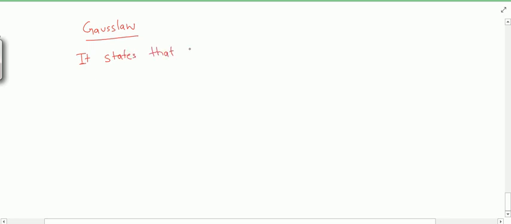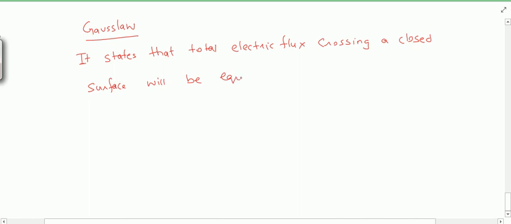It states that the total electric flux crossing a closed surface will be equal to the charge enclosed by the closed surface. So Gauss law states that the total electric flux crossing a closed surface will be equal to the charge enclosed by the closed surface.